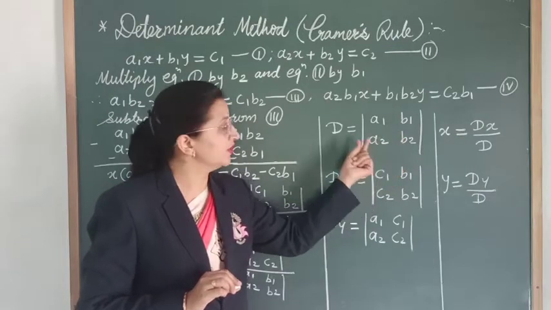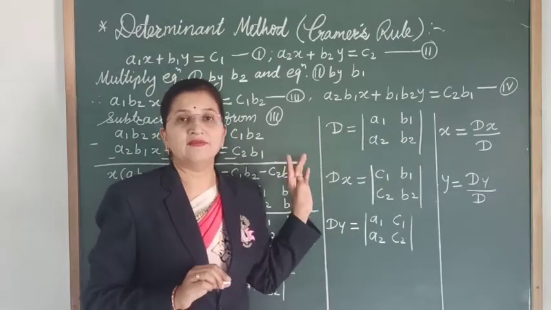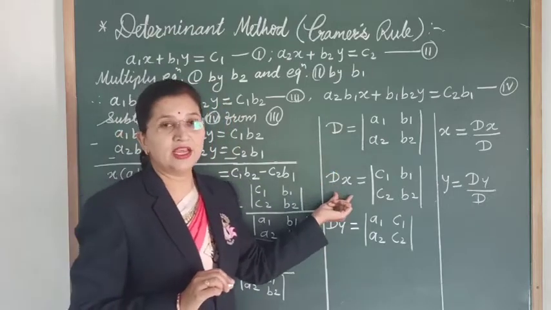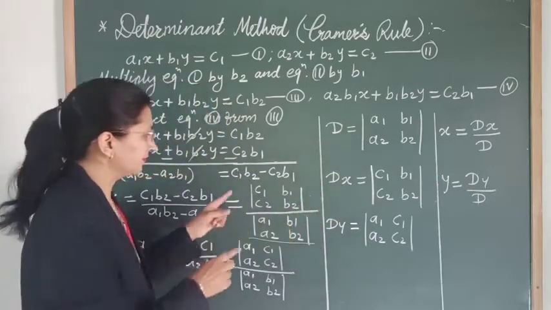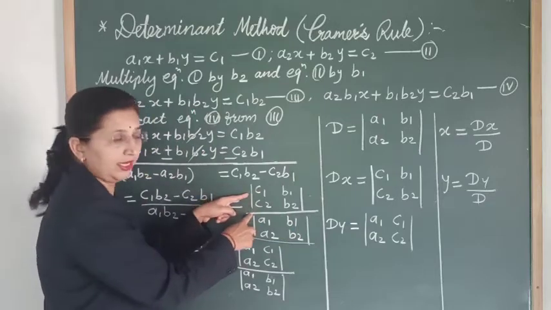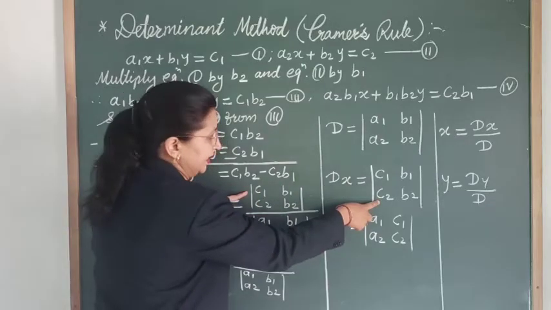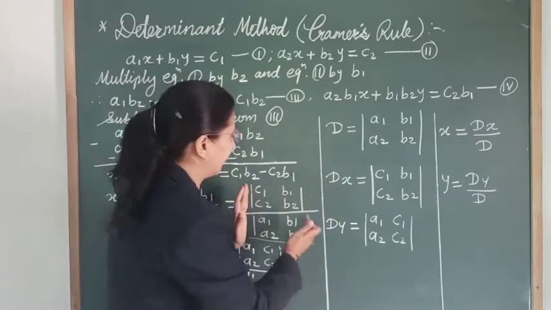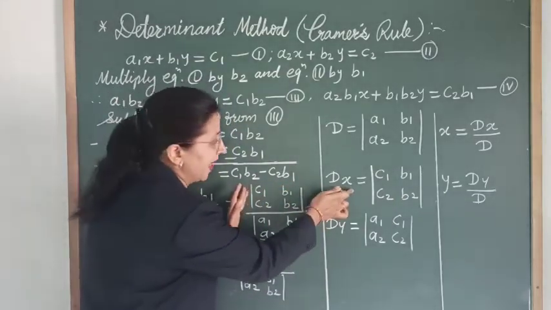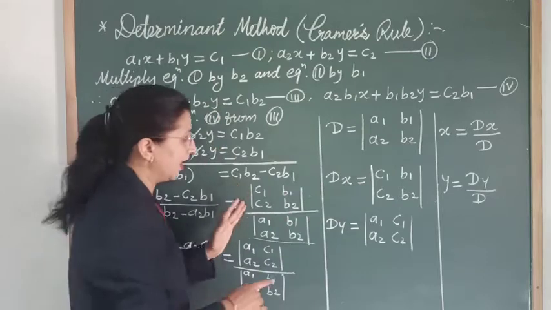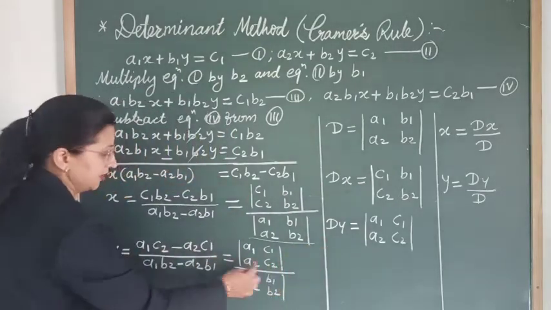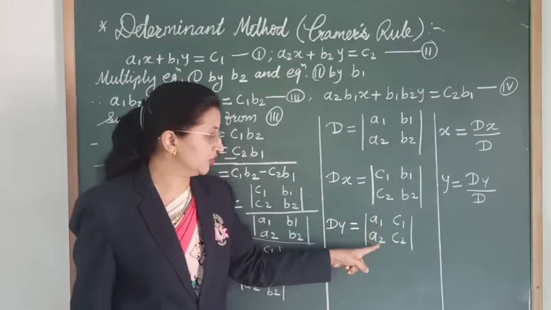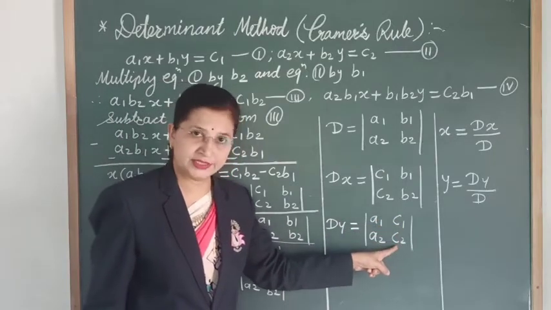In this way we will get the value of this determinant D. And to get the value of Dx, that is this: c1, c2, b1, b2. In this way we can represent this determinant by Dx. And Dy, this is the Dy, so it will be a1, a2 in the first column and c1, c2 in the second column.